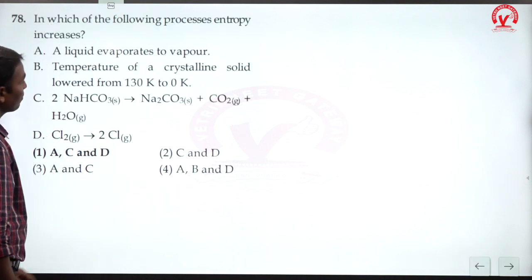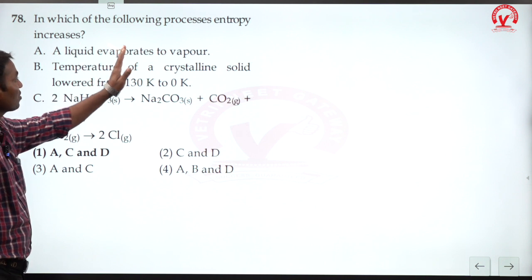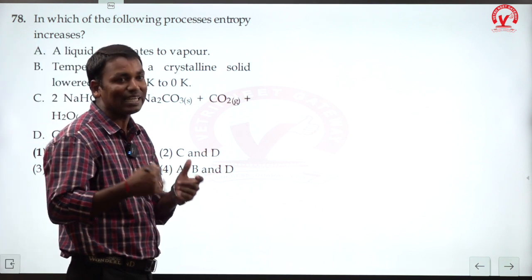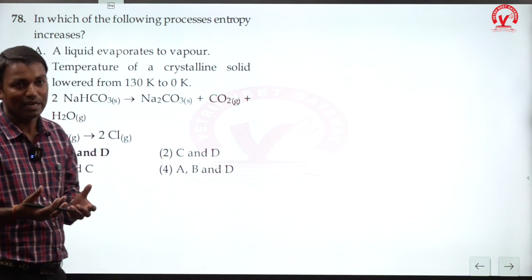Question number 78: in which of the following processes does entropy increase? Entropy is nothing but the degree of randomness. If the degree of randomness increases, entropy increases.